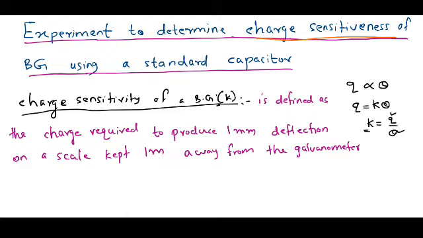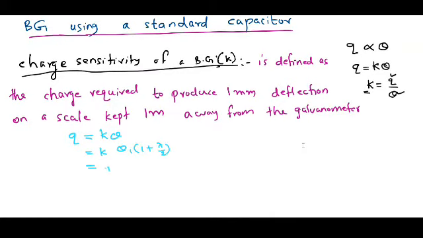Now here our task is how experimentally this sensitivity of the BG can be determined. That is, this Q can be written as K theta, where K into theta is nothing but theta 1 into (1 plus lambda by 2). This K is nothing but T by 2 pi, where T is the time period, into C by N B A, then theta 1 into (1 plus lambda by 2).